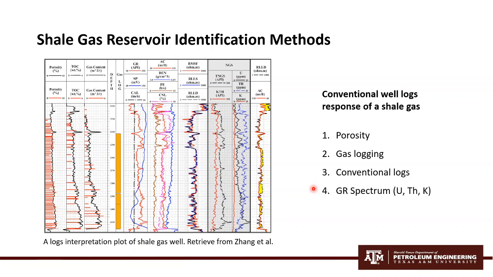Also, we can point out a normal caliper response, a high gamma ray in the shale layer with a high content of uranium and low thorium, a high TOC corresponding to high gas content, and a low density. Here is where I describe most of the well log responses.